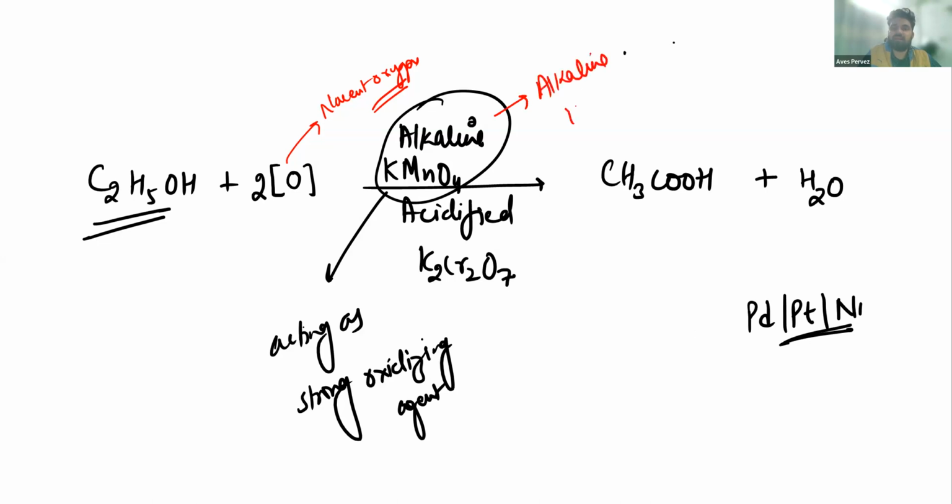Alkaline KMnO4 is purple in color. When this purple alkaline KMnO4 is added to ethanol, its color will disappear. Let me show you how its color disappears. Just a minute.